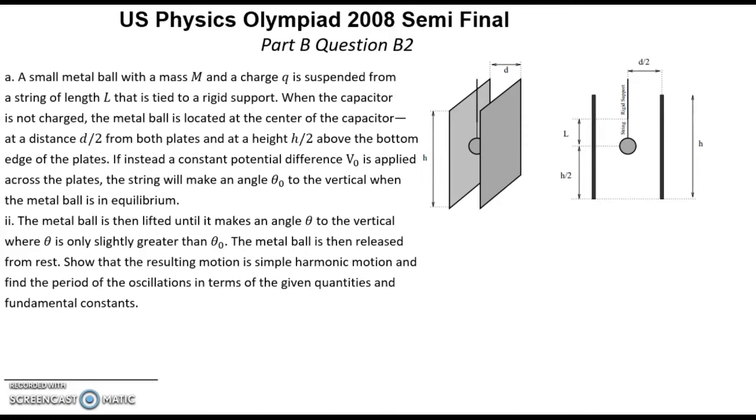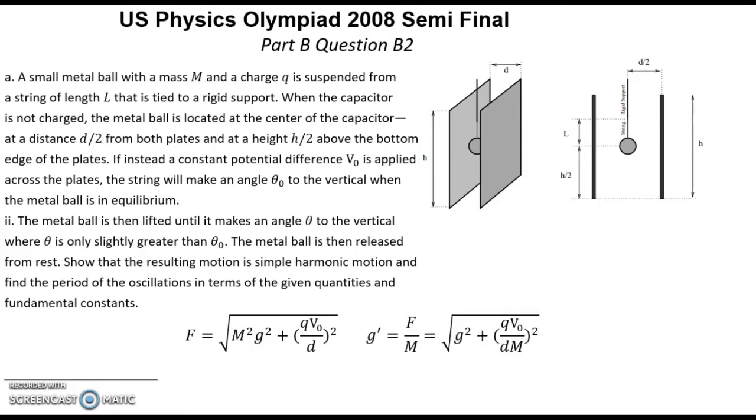The force could be found from this equation. This is just pure geometry, because both forces are perpendicular to each other, and the effective gravity acceleration for this case equals g prime equals force divided by mass, which is this expression.